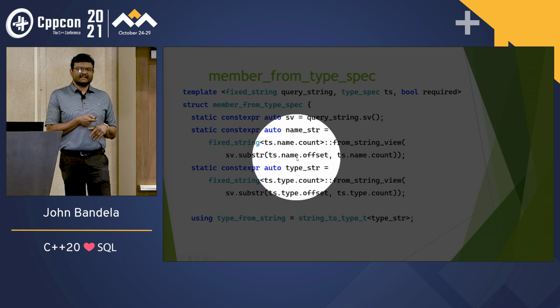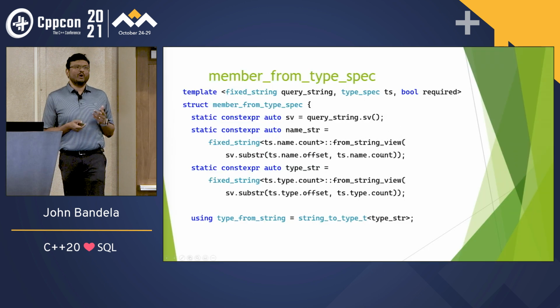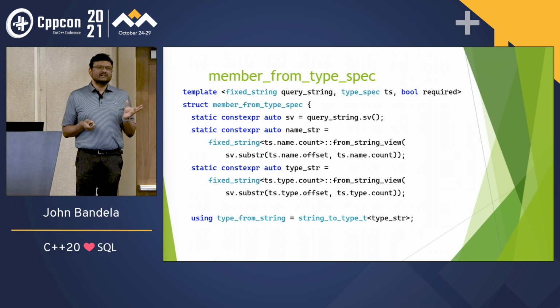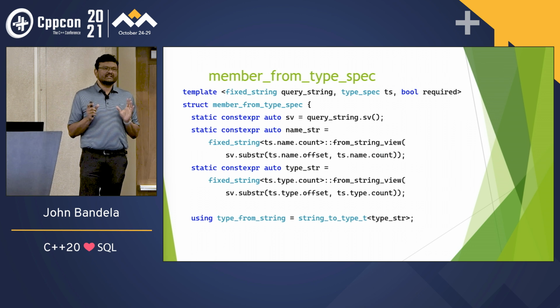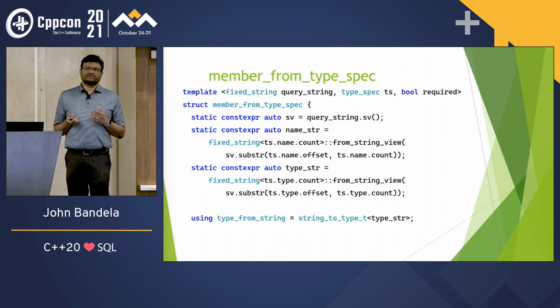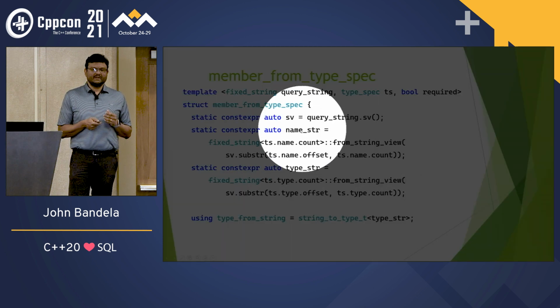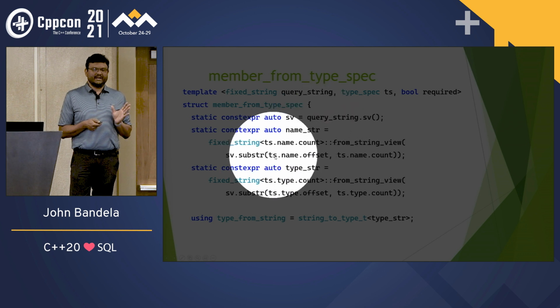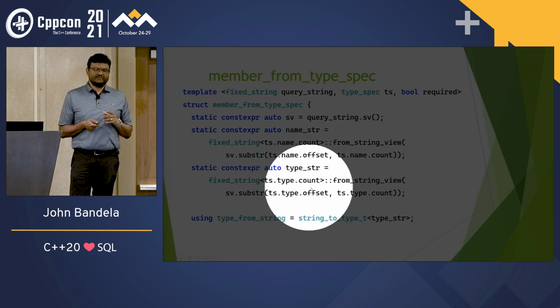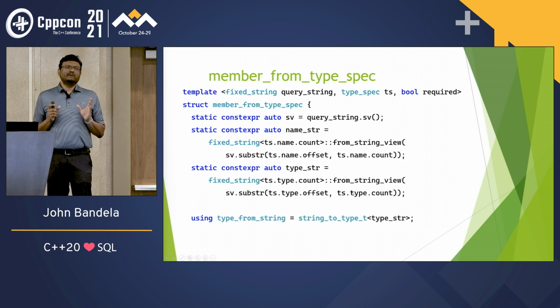The type spec's offset and count are exactly what we need to construct a string view substring. So we construct a string view substring, and then for fixed string, I added something called from string view that, given the size, will copy the data from a string view into it. So now we have the name as a fixed string, and the type as a fixed string, same thing.